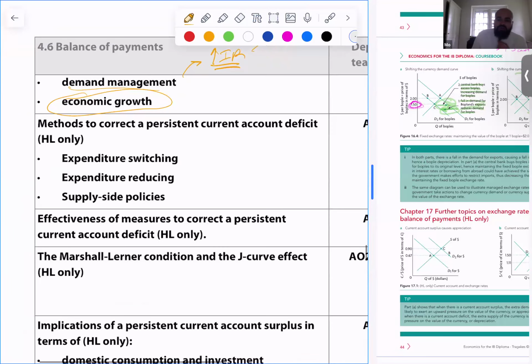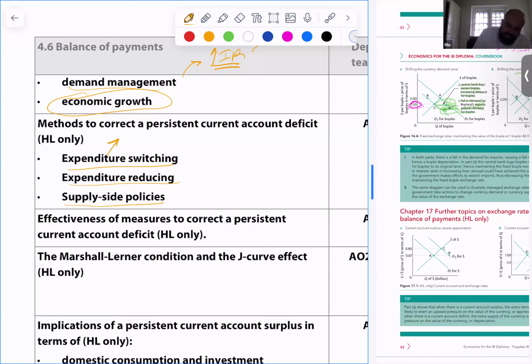So how do you correct a persistent deficit? You use expenditure switching, expenditure reducing, or supply side policies. Expenditure switching: basically, you're trying to switch expenditure from imports to domestic goods.